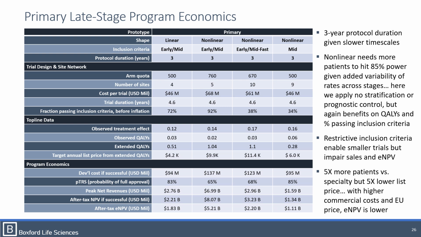So we have the potential, if that's reflected, for example, only fast progressors would be included in the indicated use of the label. Payers would restrict reimbursement to those patients. We would be giving up a significant amount of revenues because of that and see a much lower potential on peak net revenues.